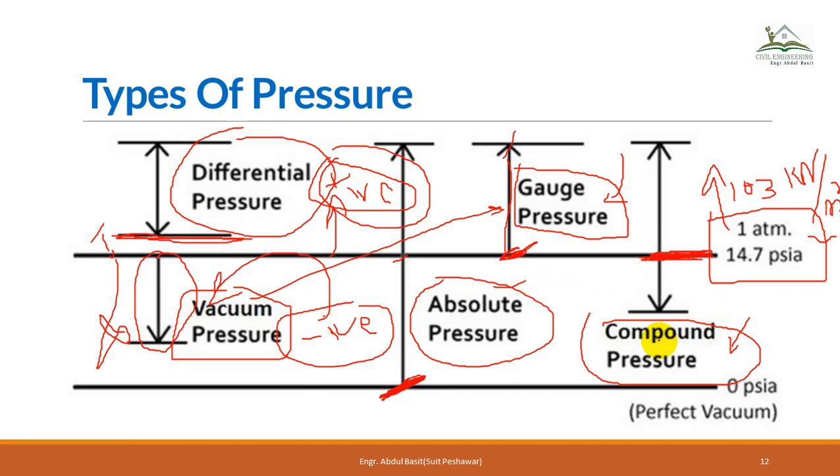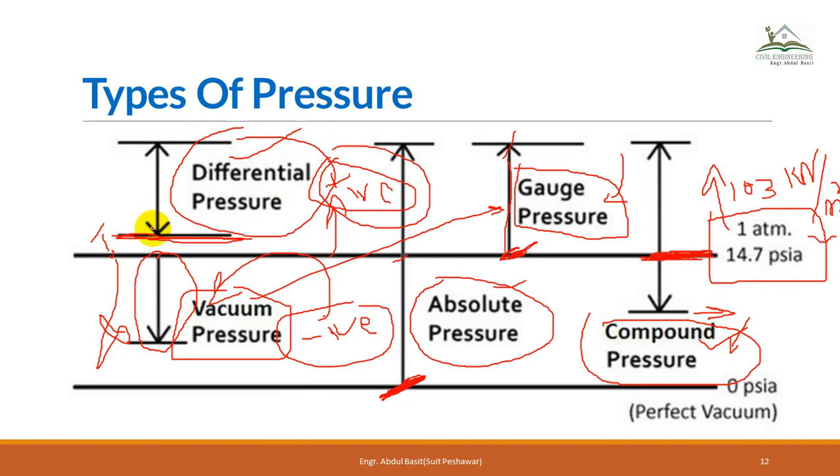Now we have compound pressure. Compound pressure refers to the type of pressure measured relative to a reference line or datum line which is in between zero and atmospheric pressure, other than atmospheric and zero pressure but less than atmospheric pressure. So that will be compound pressure. Then we were talking about differential pressure.